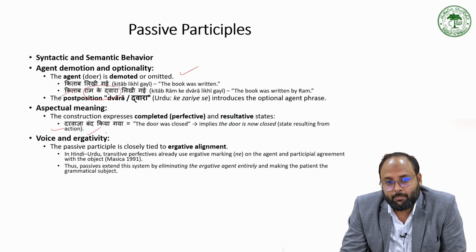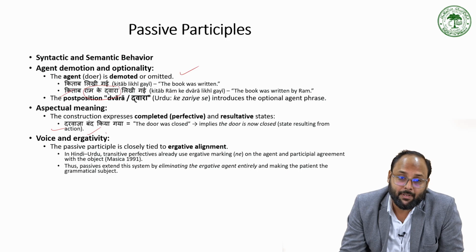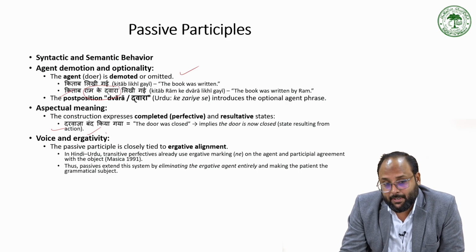So why does this happen? Because there is some reason. In किताब लिखी गई, or दरवाज़ा बंद किया गया, खत लिखा गया, खाना खाया गया, it doesn't take the ergative, even though it is in the perfective aspect and there is a transitive verb also, लिखी गई, खाया गया.